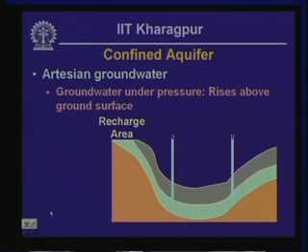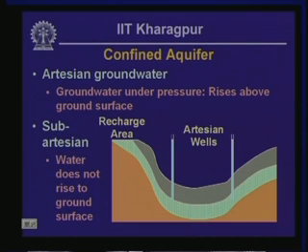And now if we install water wells into the confined aquifer, the water surface is going to be rising to the level to which the aquifer is completely saturated, or the recharge level, for instance. So this particular aquifer is going to be called an artesian aquifer, and the wells that we installed there are called artesian wells.